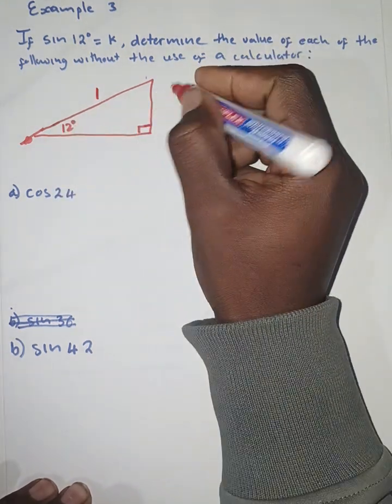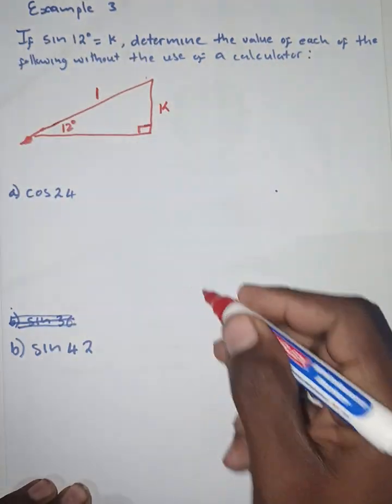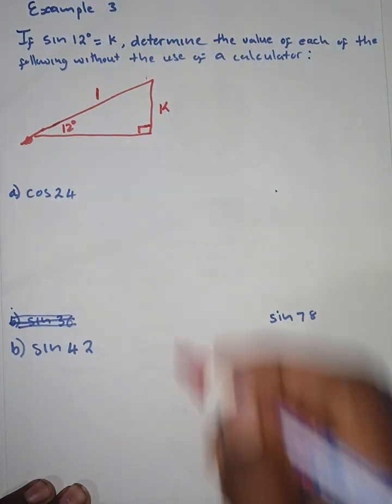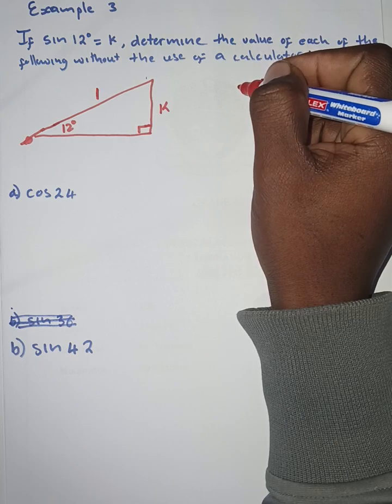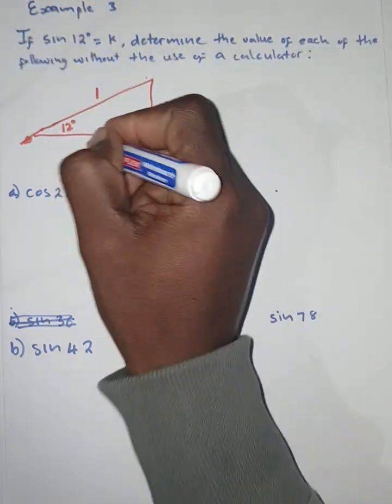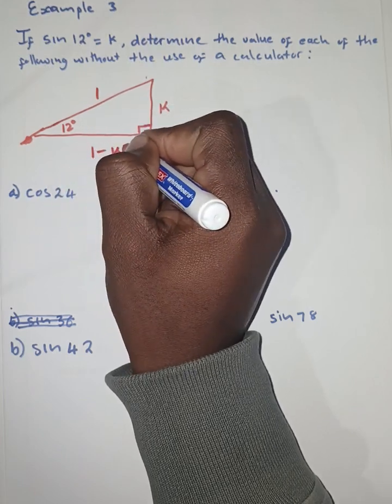And the opposite would be k, and the adjacent, if you use the rule of Pythagoras, which says r squared is equal to x squared plus y squared, then with that mathematical gymnastics you're going to get the square root of 1 minus k squared.